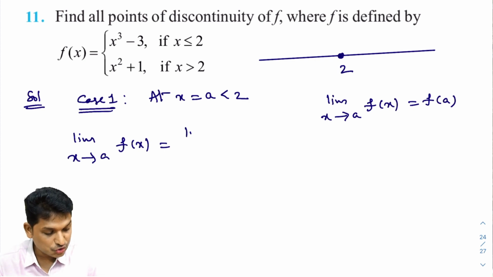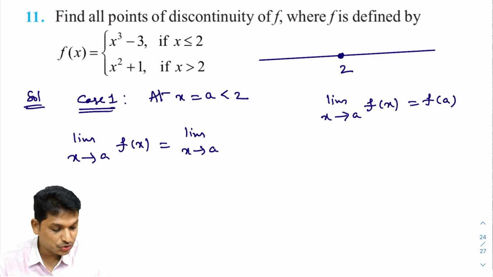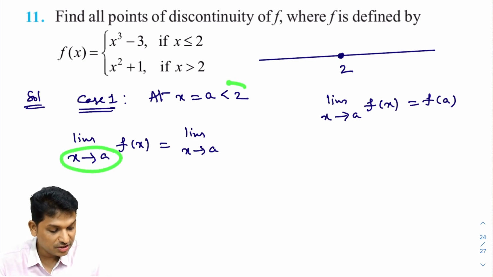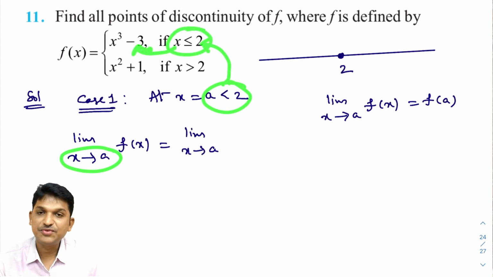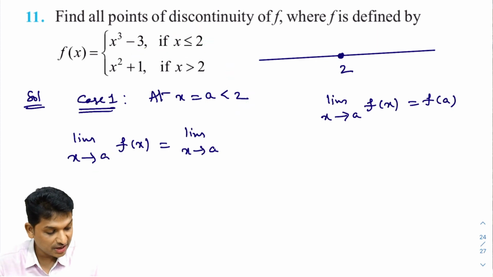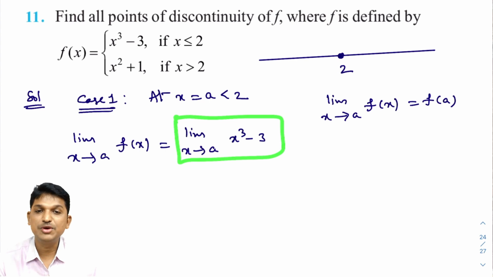For limit x approaches a, what function to choose? Here a is less than 2. When a is less than 2, which function to choose? This function, x cube minus 3. Now I need to calculate the limit of this. For any problem, first we try the direct method, right?